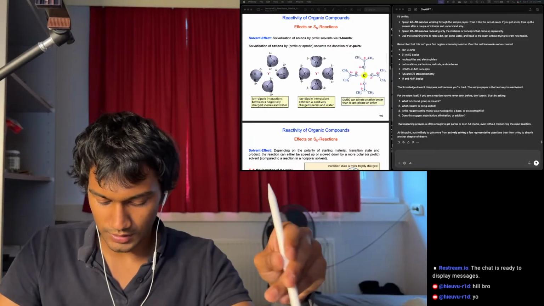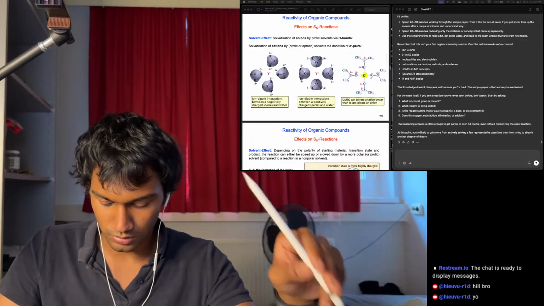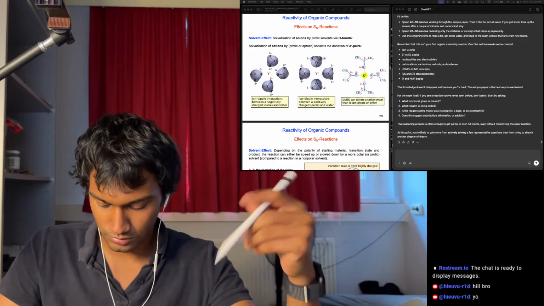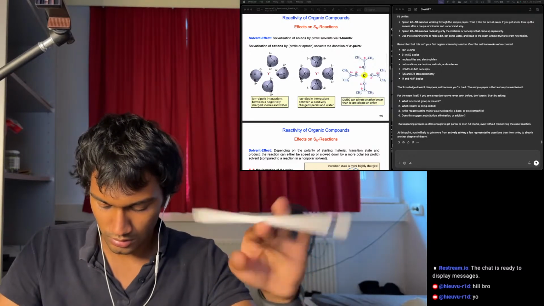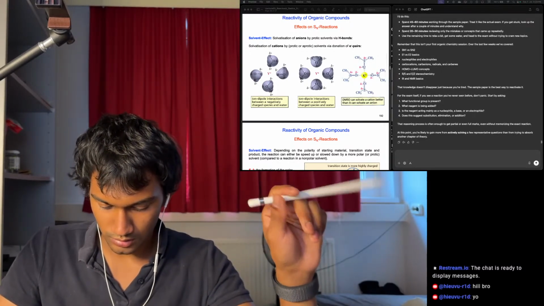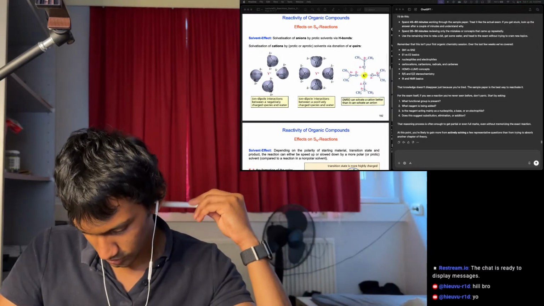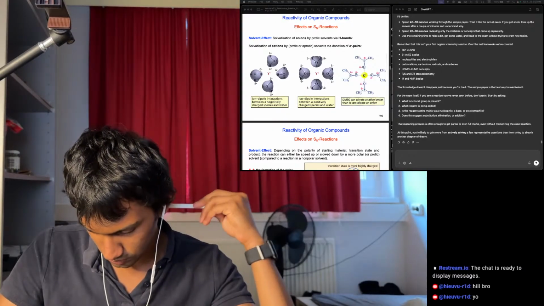n stereocenters raise to n possible stereoisomers. Okay. Inverted configuration. SN1 mechanisms.